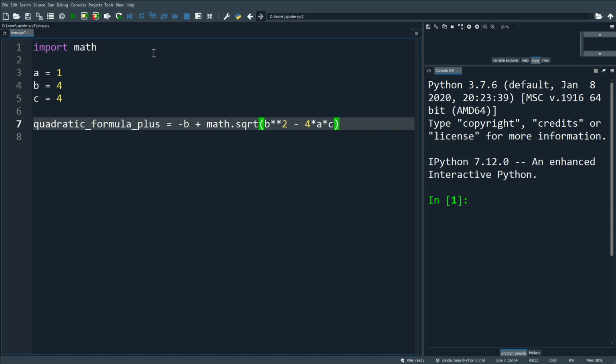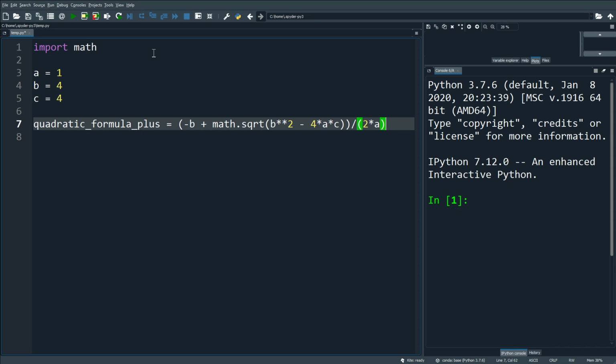All over 2a. Now, I can't just divide by 2a, right? Order of operations, I'm going to put everything in parentheses on the top, so it'll know to do the numerator first, and then divided by 2 times a on the bottom.